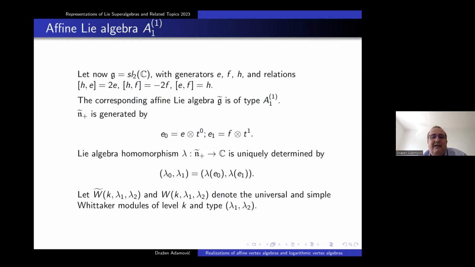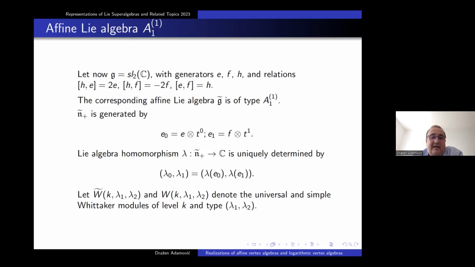We have the affine Lie algebra of type A1(1). This n plus is generated by a0 and a1. And a Lie algebra homomorphism on n plus is uniquely determined by two numbers, lambda 0 and lambda 1. So classical Whittaker modules are parameterized by this lambda 0 and lambda 1.